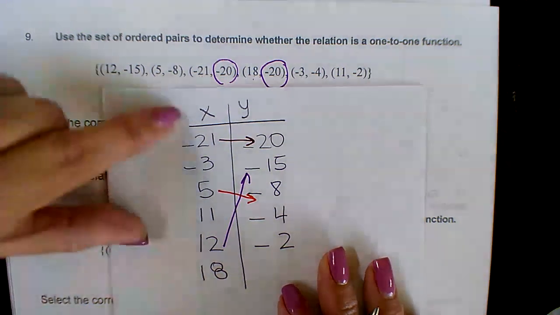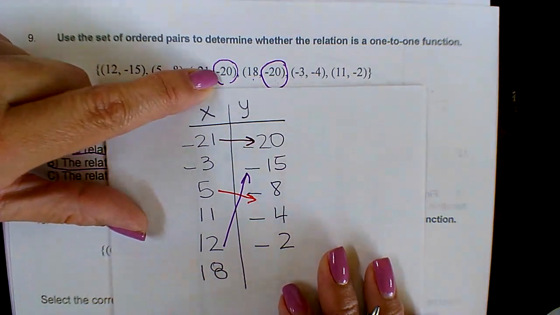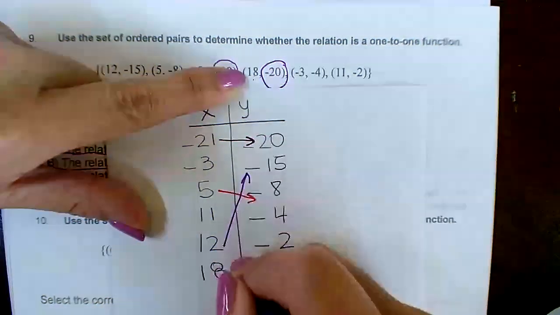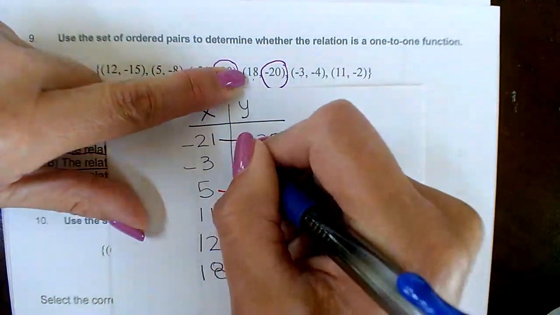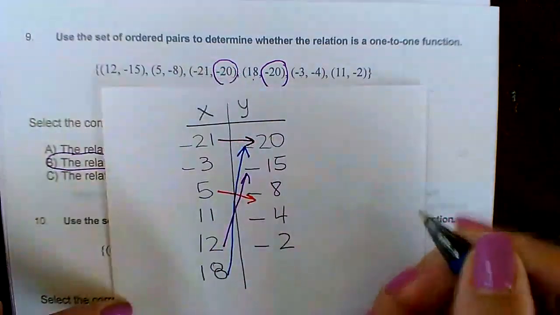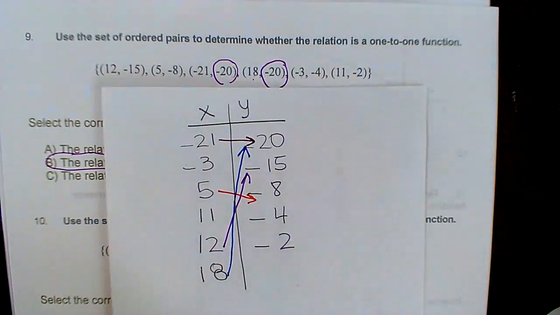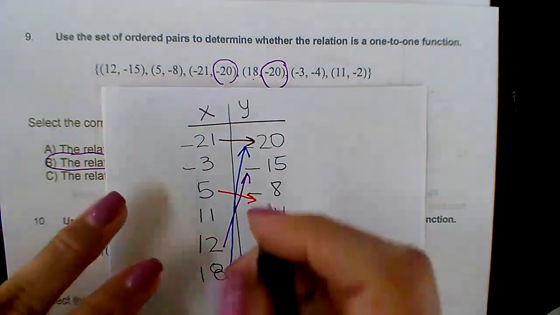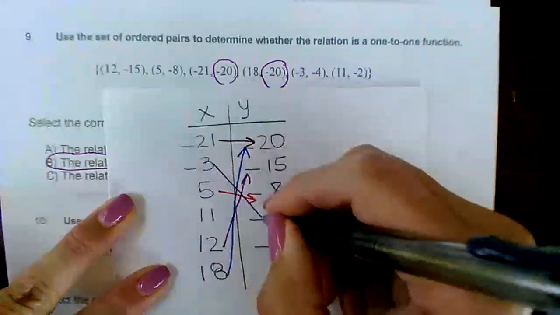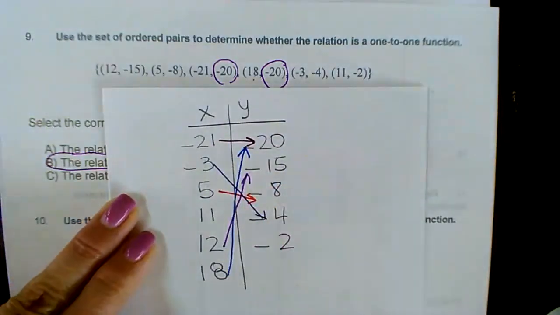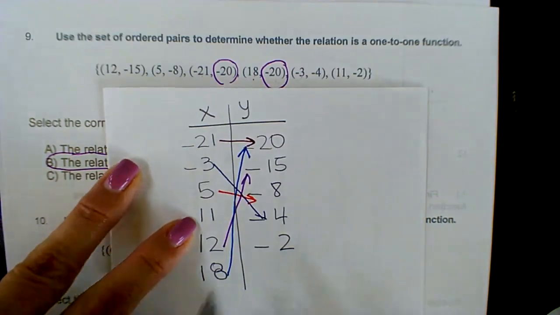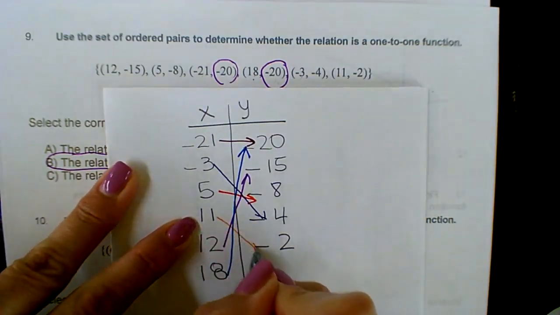Yeah. Thank you. Negative 21 to negative 20. 18 to negative 20. And negative 3 to negative 4. And the last one, 11 to negative 2.